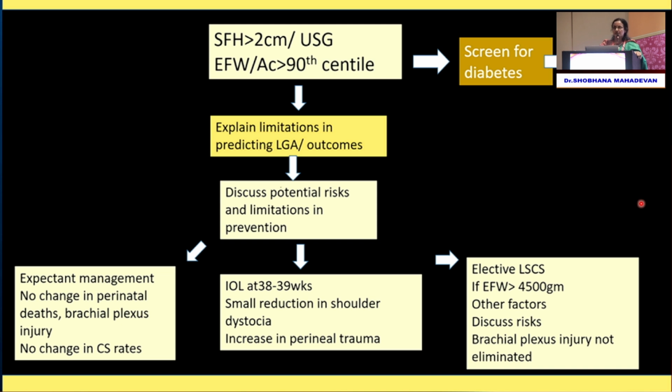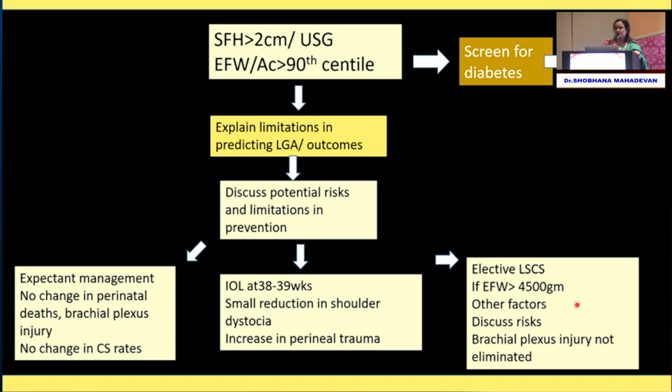Discuss potential risks of our interventions and what could be the possible outcomes. Expectant management is all right if you can be sure that there are no additional morbidities. It does not increase the C-section rate, but it may increase the risk of shoulder dystocia, which you reduce to some extent by inducing at 38 to 39 weeks.